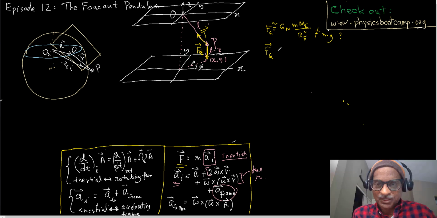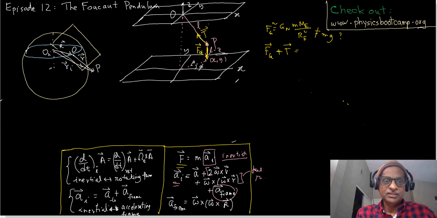Okay. So Fg plus the tension should equal all of this right side. So this equals this acceleration in the XYZ coordinates, not the inertial coordinates, right? Let's divide by mass, so we don't have the mass in everything.